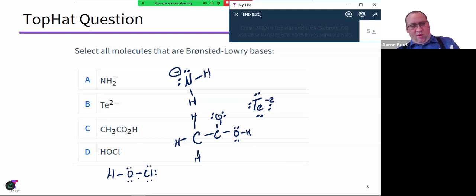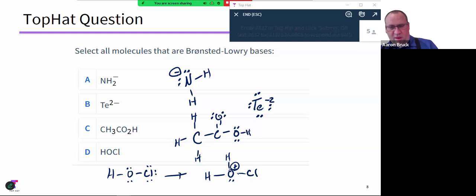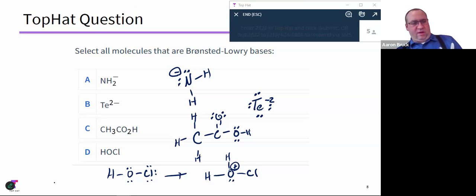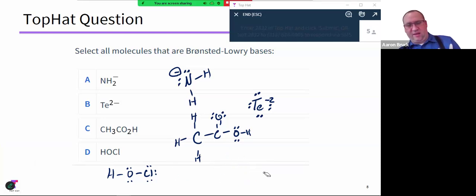Because one of these lone pairs would have to be replaced by a hydrogen to do that. And that would pretty considerably destabilize that molecule. So that seems far less likely.